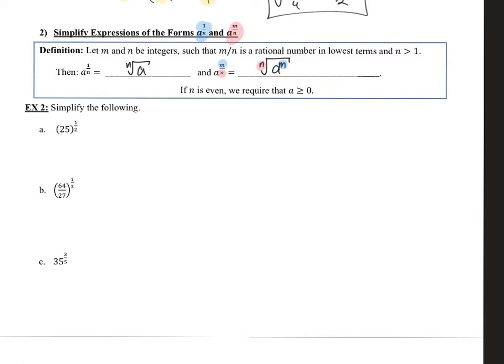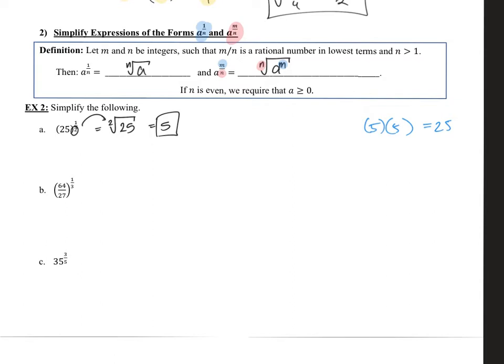So let's translate this to something we do know how to work with, which would be this root, and what's in the denominator? That's a 2, so that is going to go right there. So it's going to be the square root of 25. Well, remember, the square root of 25 is asking for a number times itself that gives me 25. And that number is 5. Square root of 25 is 5.